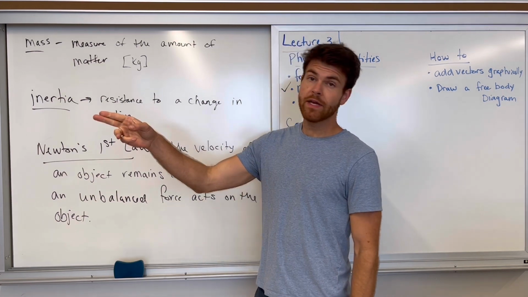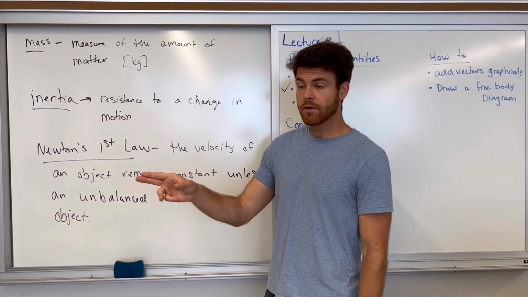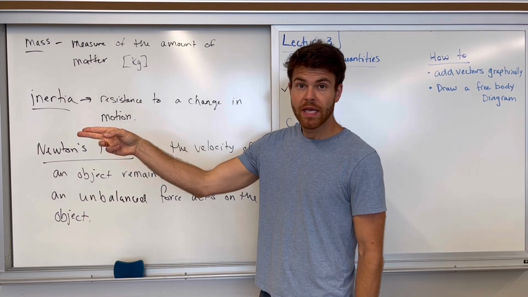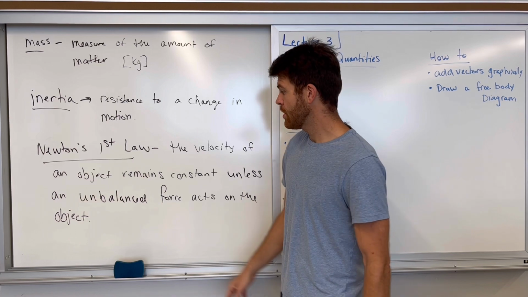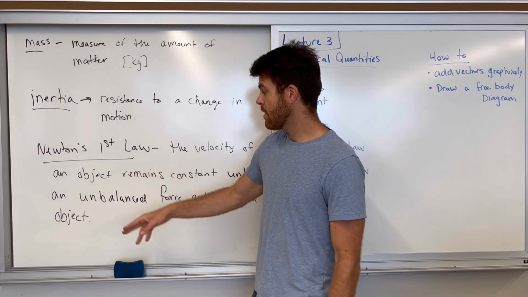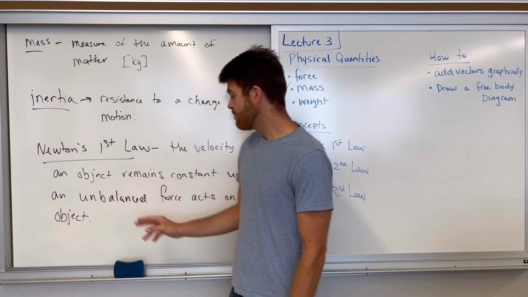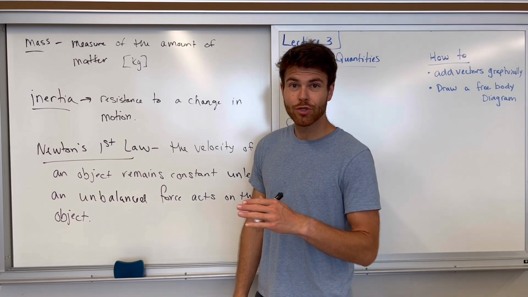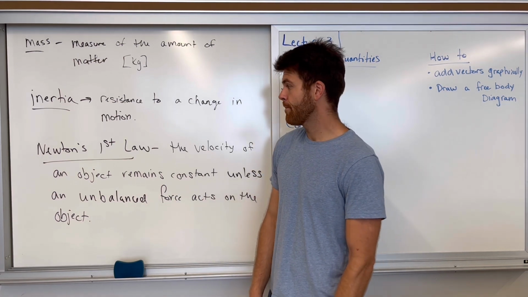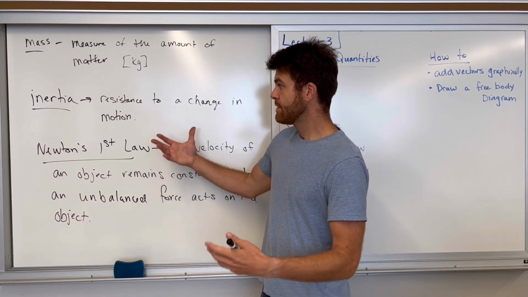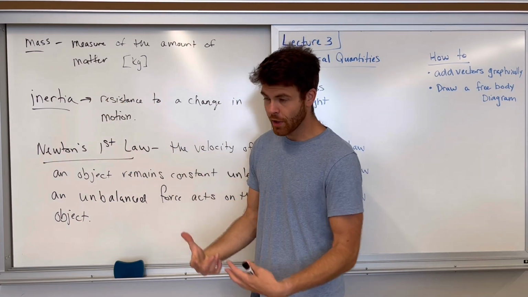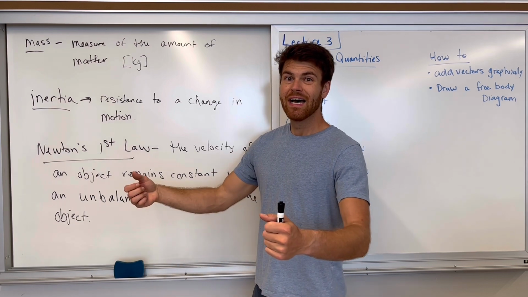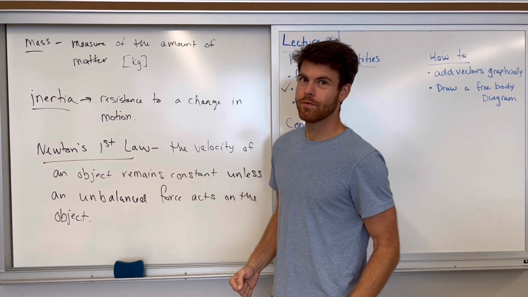If an object is moving with a non-zero velocity, so it has a given speed and direction, it will continue to move at that speed and direction, in other words, that velocity, until an unbalanced force acts upon it. That's Newton's first law of motion. It's basically telling us what inertia is. An object has inertia. It doesn't want to change its velocity unless it's forced to.